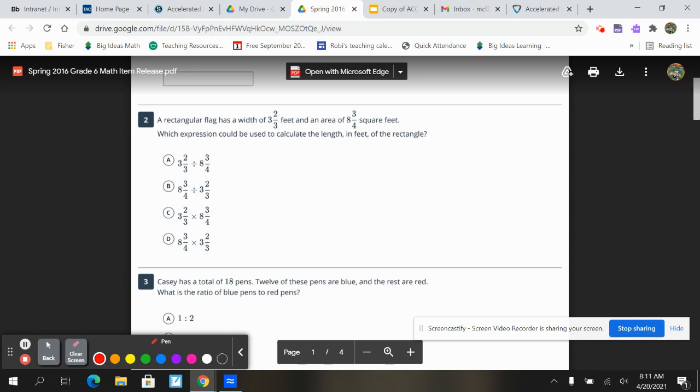So here it says we have a rectangular flag that has a width of 3 2/3 feet, and the area is 8 3/4 feet squared. Which expression could be used to calculate the length in feet of a rectangle? Okay. What do you first need to know?